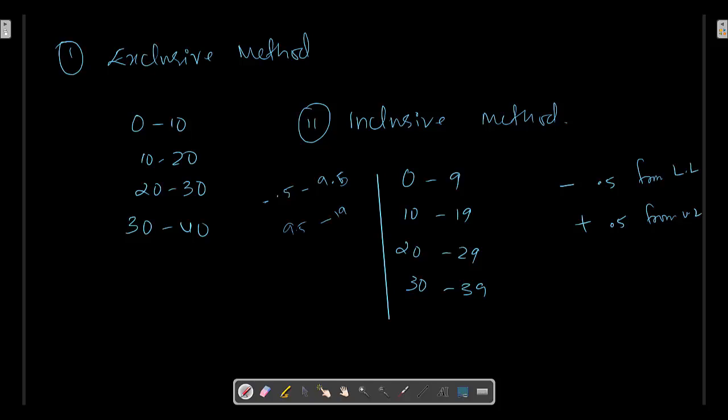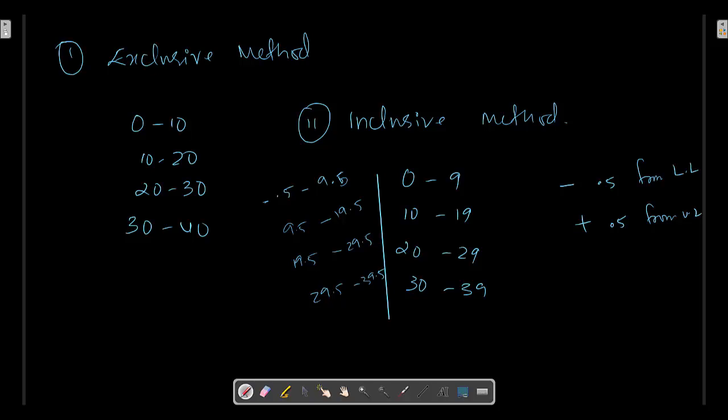Next, 10 minus 0.5 is 9.5, and 19 plus 0.5 is 19.5, then 19.5, 29.5, 29.5, 39.5. So you see now it has become an exclusive method. Now it is repeating, the upper limit is repeating in the lower limit of the succeeding class interval, right? So this way you have to first make it exclusive and then start calculating.